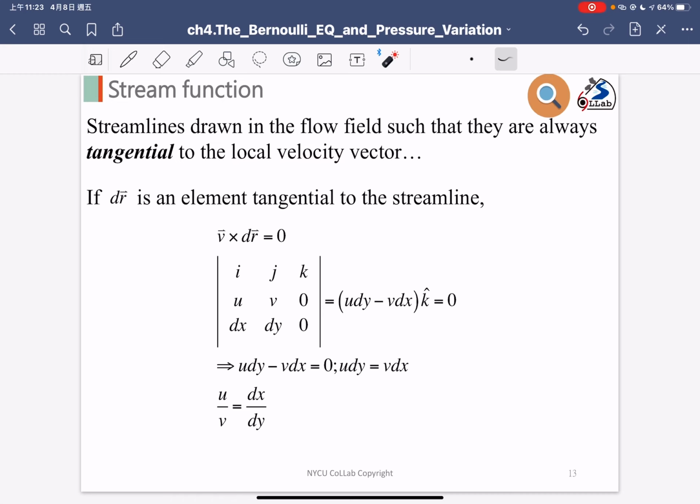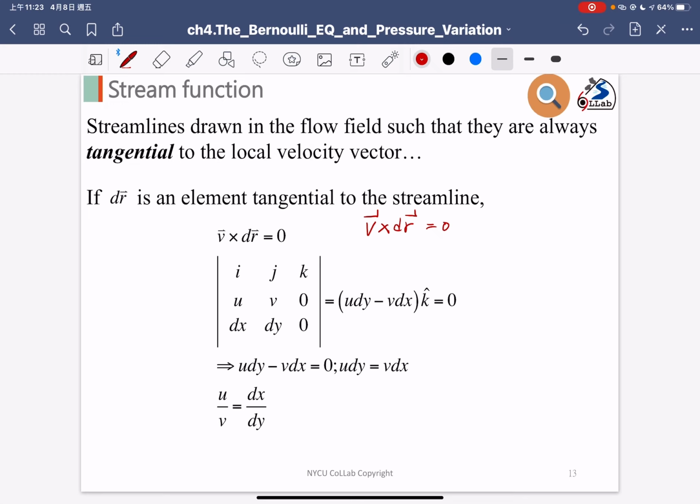So if we have the tangent element vector dr, where r is the position vector, we know that the velocity vector, if I do the cross product with the dr vector, should be equal to 0, because the velocity vector is parallel to the dr vector, right?